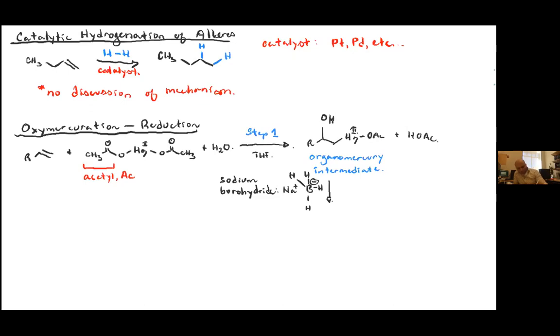And it's usually run under basic conditions, so you add aqueous sodium hydroxide to the reaction. The sodium borohydride essentially is a source of H minus. And in this transformation, the hydride will replace the mercury substituent on your molecule. And so we end up with a structure like that.